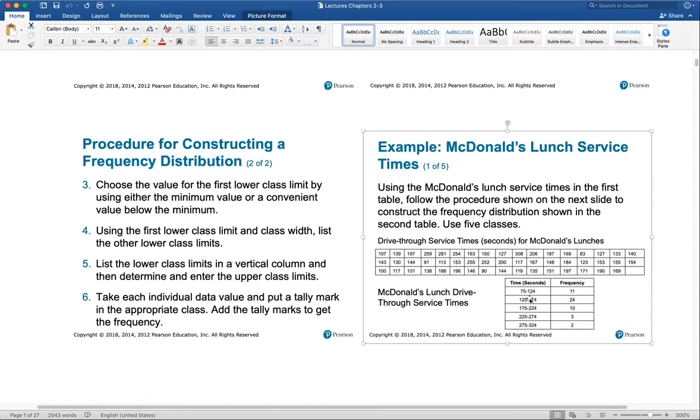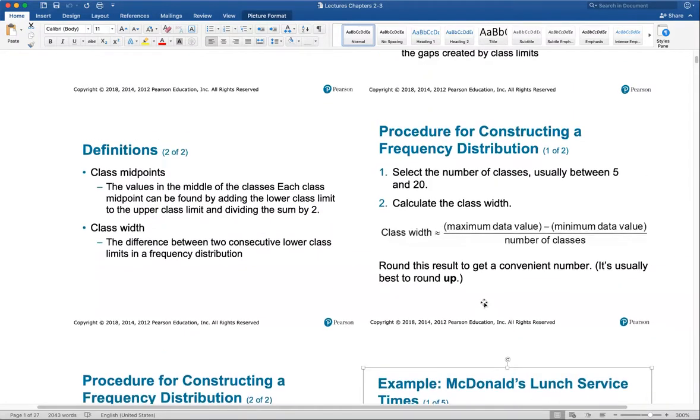But normally the class width is fixed, which means that for the first and second, second and third, third and fourth, fourth and fifth in this example, every pair of consecutive classes, the class width must be the same.